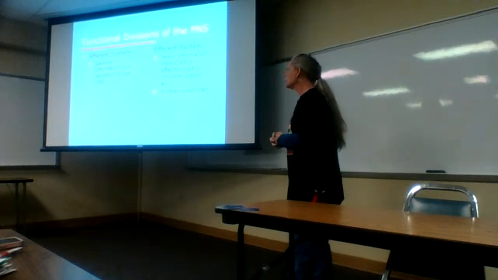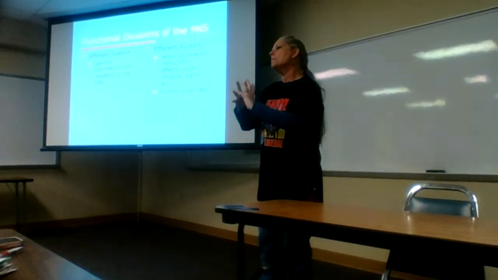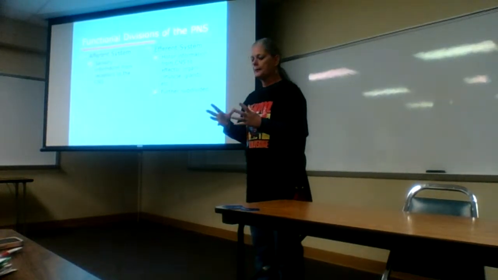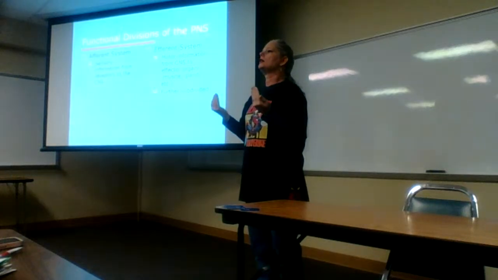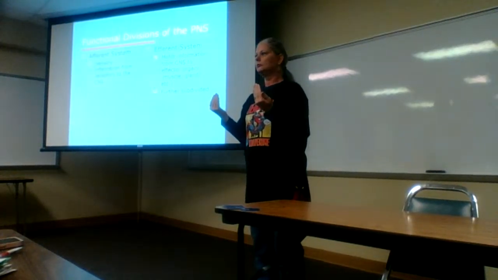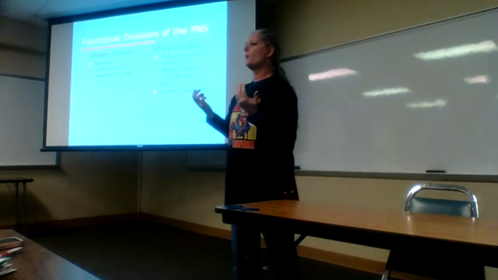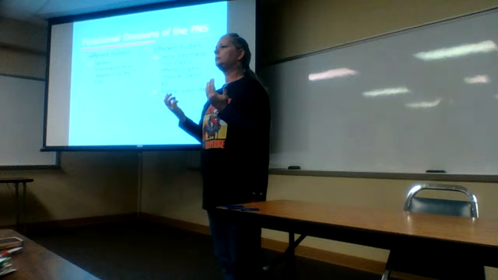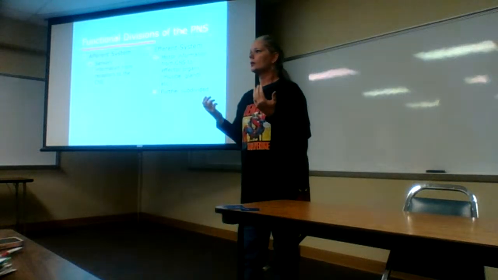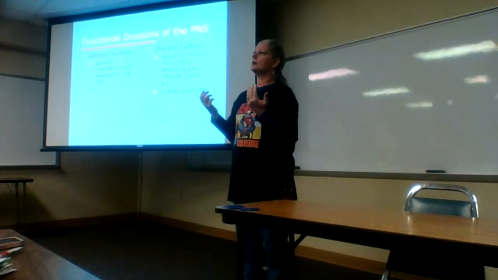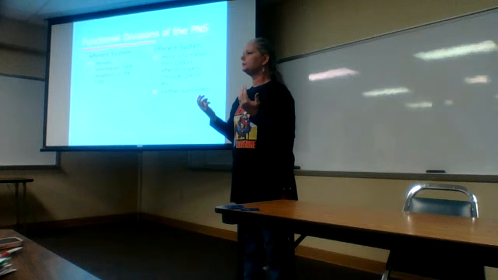Now, when we look at the motor division, when we look at moving the body, controlling the body, what are our two basic system types? Basic system types for motor output. Think of it in the control scenario.